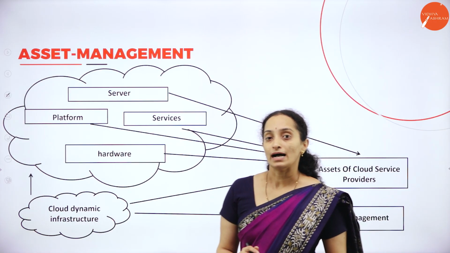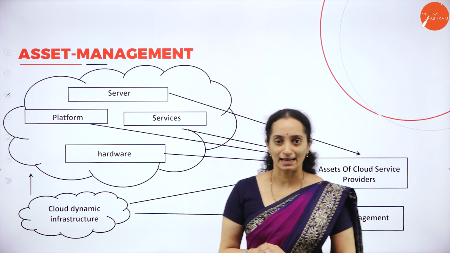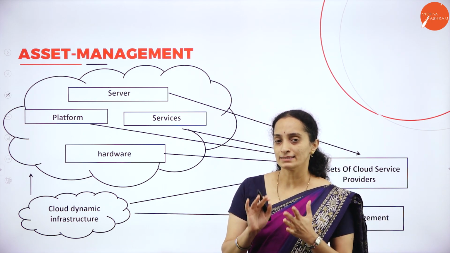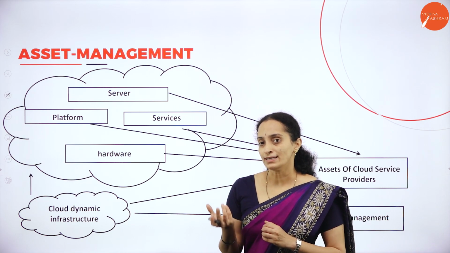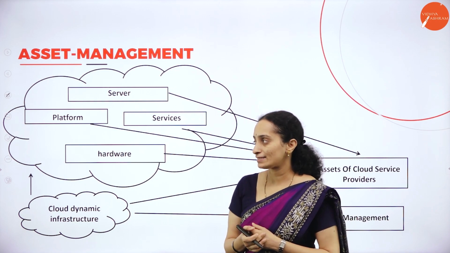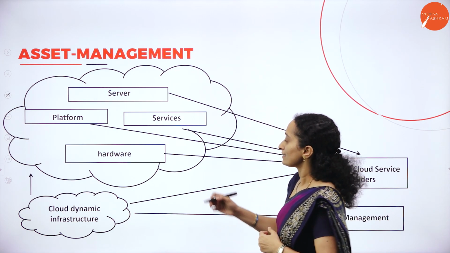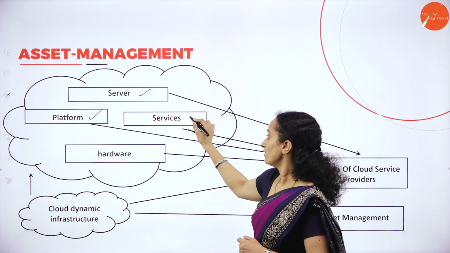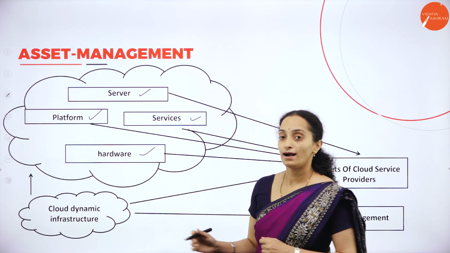Next we have asset management. Asset, I have said, is data or components, anything whose loss incurs a loss to the business also, which is called an asset. Here we have assets: server, or a platform, or services, or hardware.